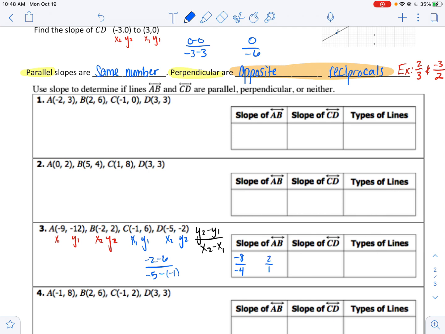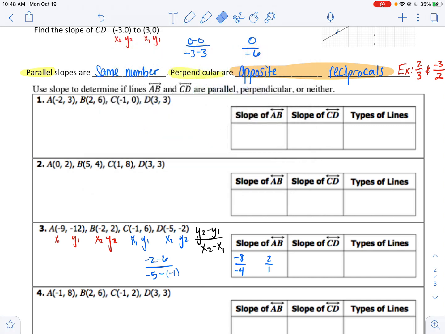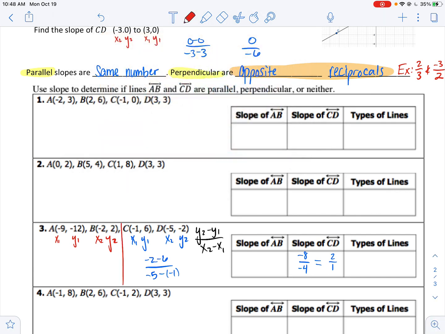or 2 over 1. And then CD, or I'm sorry, that was CD. Let me move that over. So that was CD. AB, I'll do y2 minus y1, 2 minus negative 12, over x2, negative 2 minus x1, negative 9.